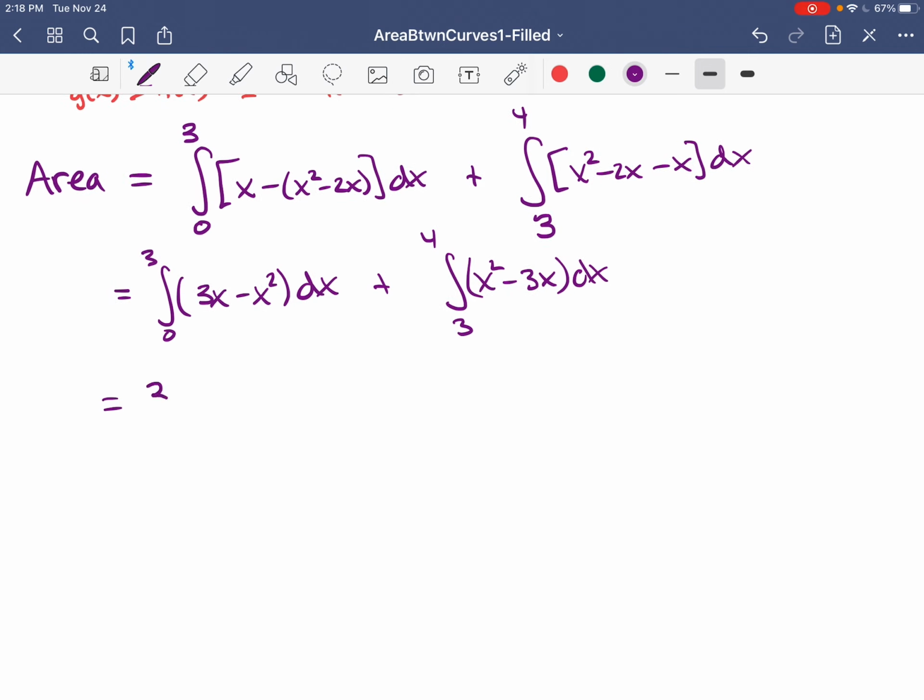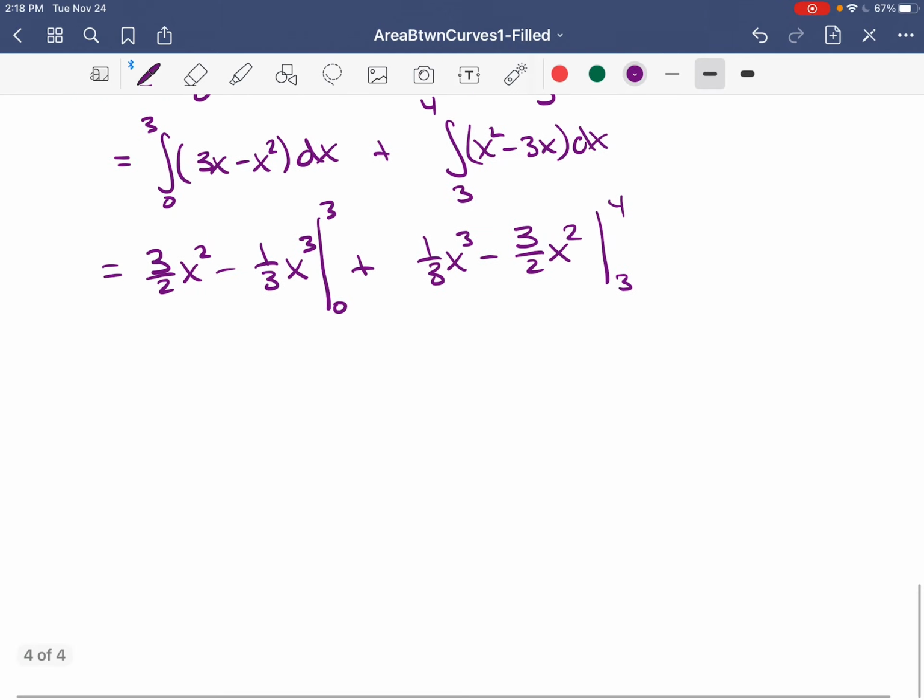So the antiderivative here is 3 over 2 x squared minus 1/3 x cubed, evaluated from 0 to 3. And then here I have 1/3 x cubed minus 3 over 2 x squared, and I evaluate from 3 to 4.